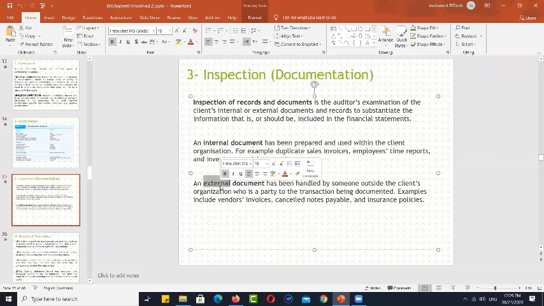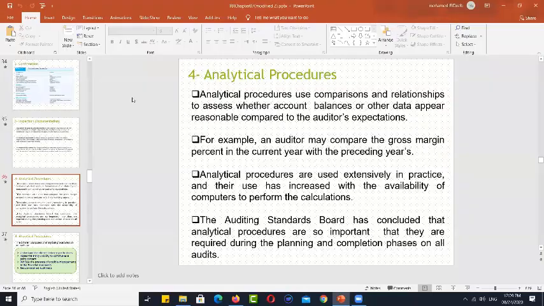Internal means it has been generated from inside the company. External means generated from outside the company. And then we moved to the analytical procedure.